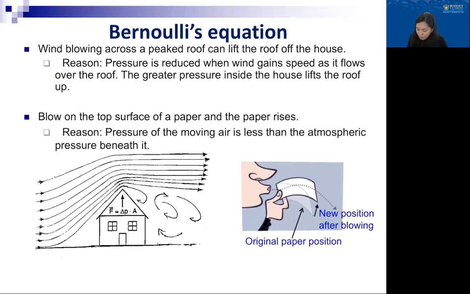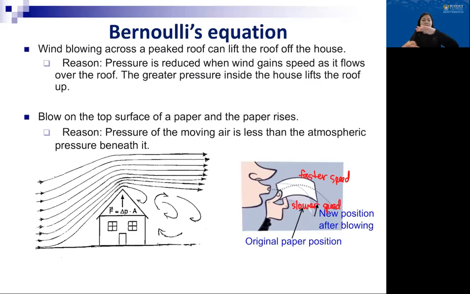So I blew air above the paper. So you have here a faster speed, the air molecules above the paper were moving faster because I was blowing above the paper. And below you have a slower speed.